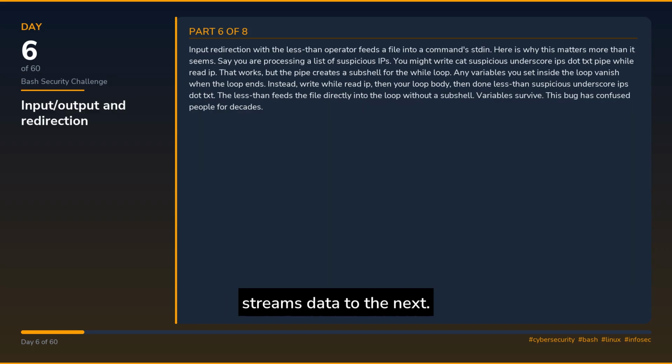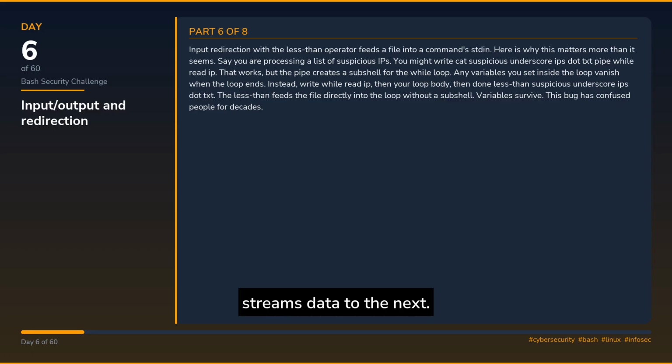Input redirection with the less than operator feeds a file into a command's stdin. Here is why this matters more than it seems. Say you are processing a list of suspicious IPs. You might write cat suspicious_ips.txt | while read IP. That works, but the pipe creates a subshell for the while loop.